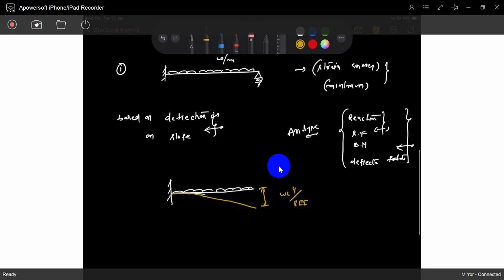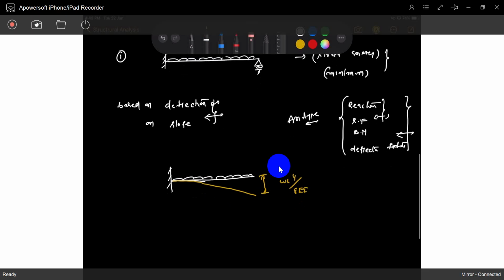Now in the same fixed way, I apply some other force at the end, and it will deflect like this. So what is this deflection? WL cube by 3EI. You already know it.